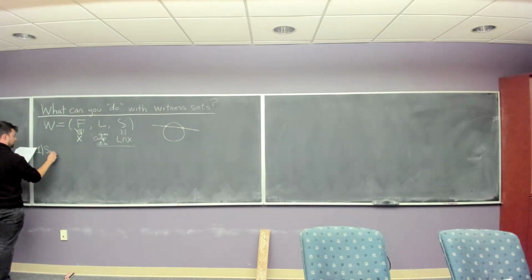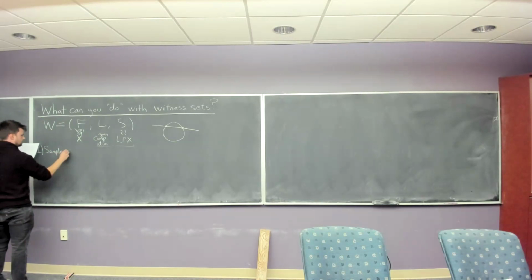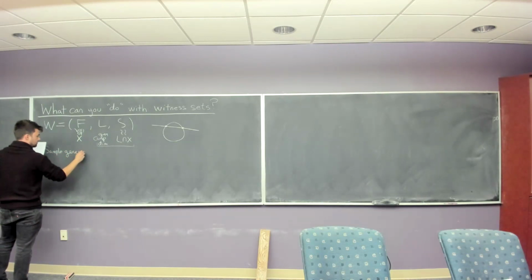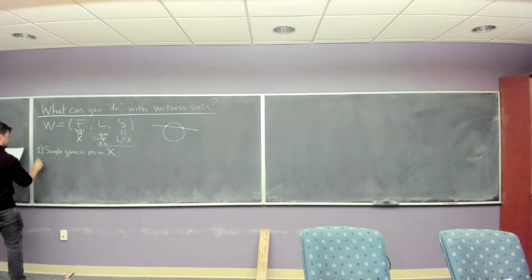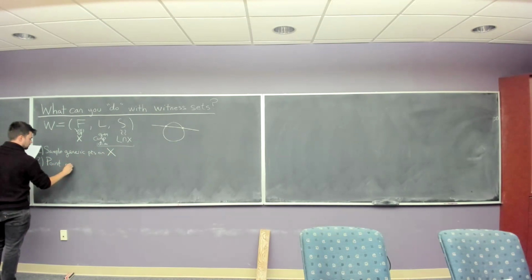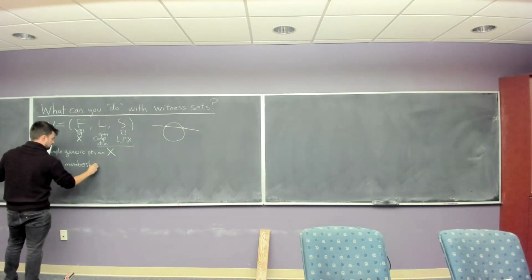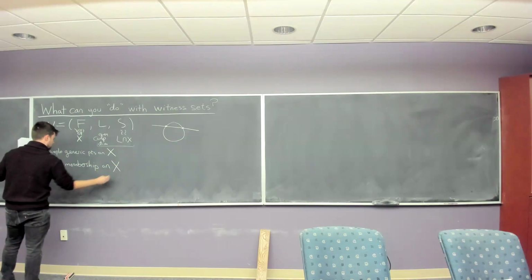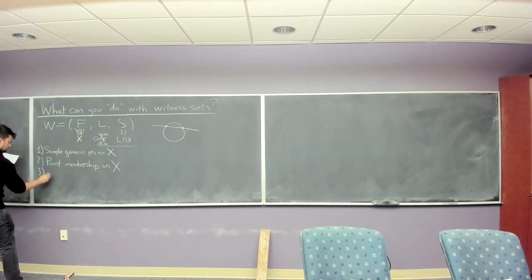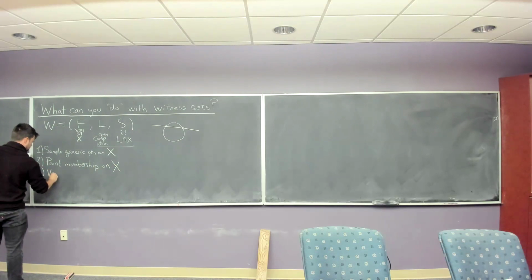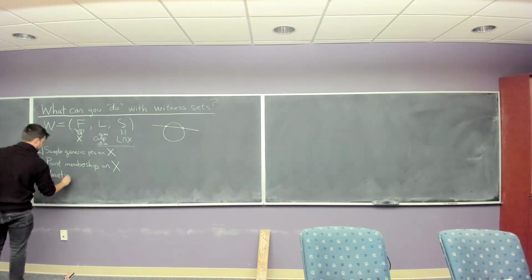So we can sample generic points. And you can answer the point membership problem on it. These two together will give us variety containment.